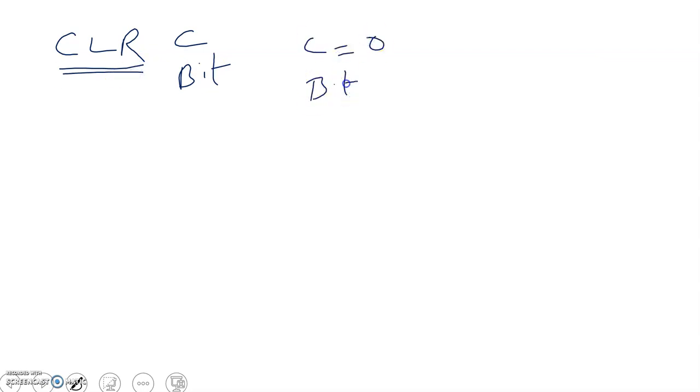So this is your set instruction. Let us look into another instruction, CLR, again C or any bit. Again it's simple: make C equal to 0 and any bit equal to 0.